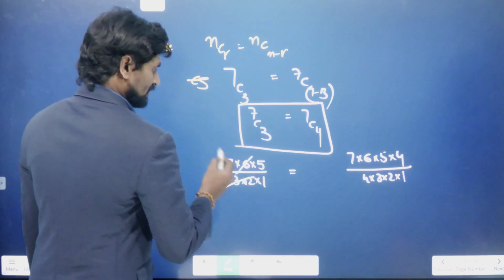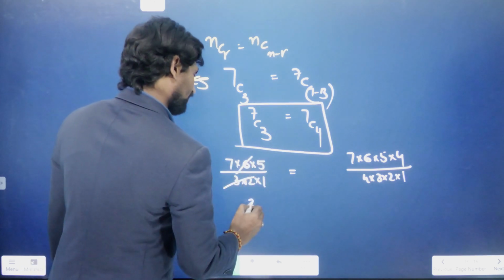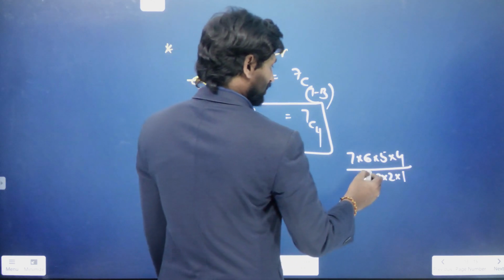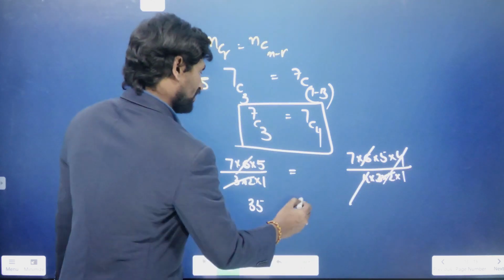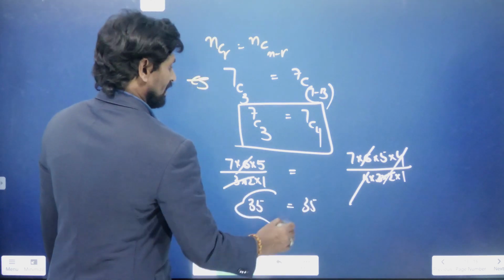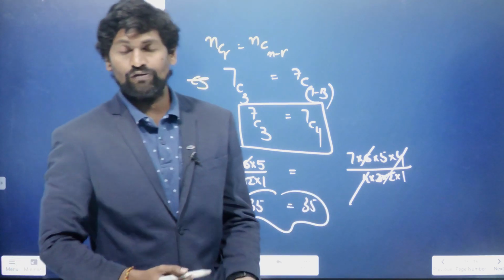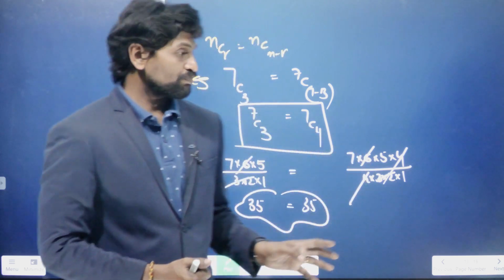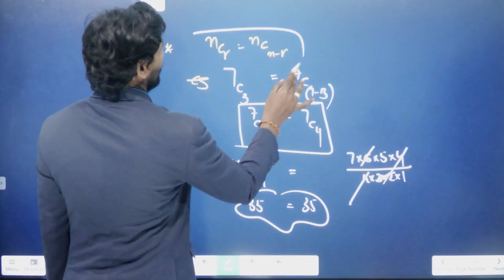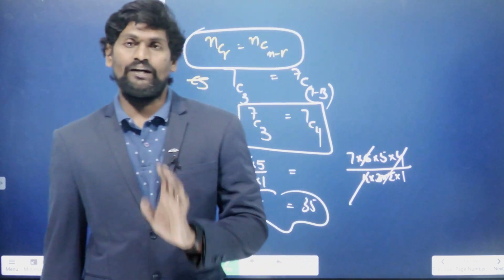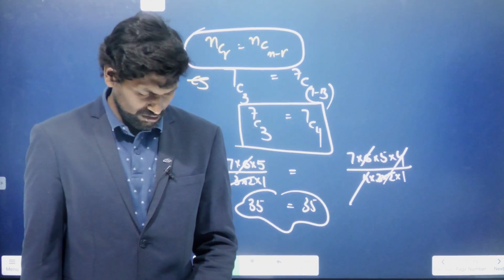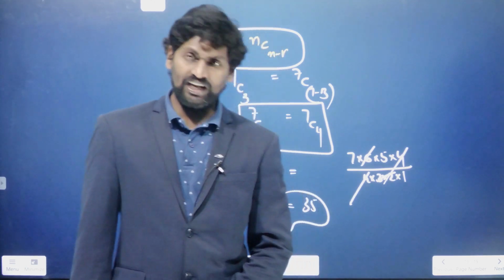Now 3 2s are 6, and 6 cancels, 7 5s are 35. Now what about here? 3 2s are 6, the numerator and denominator 6 cancel, 7 into 5 is 35. See, 7C3 value and 7C4 value are the same because it is following the condition nCr equals nC(n minus r).